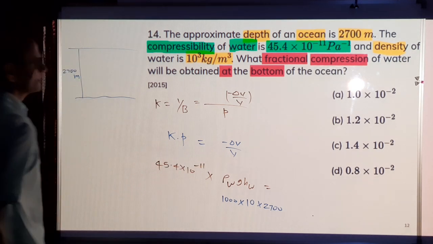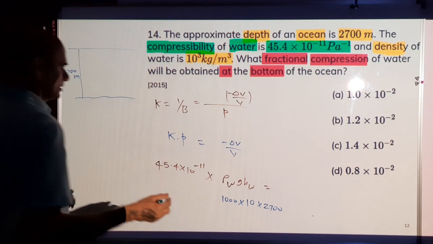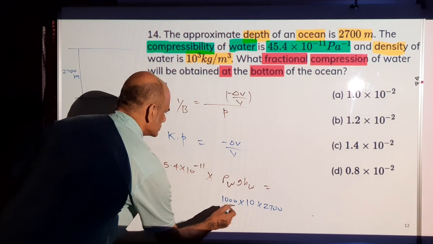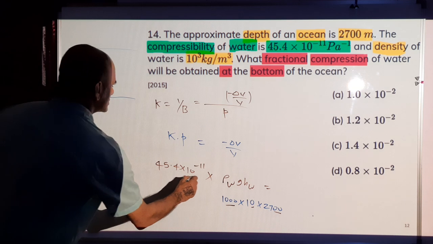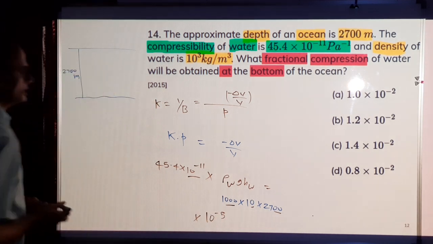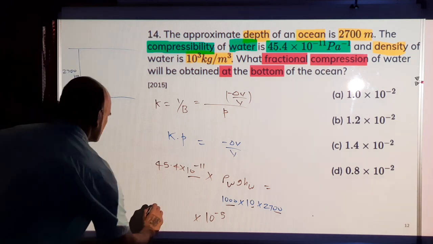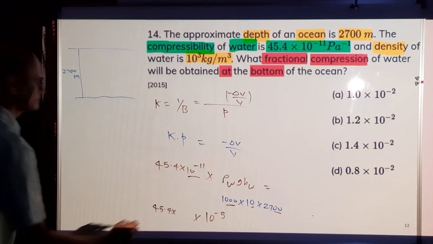That will be delta V by V with the minus sign. So 1000, 10 here, 10 here. So 10 raised to 6 with this thing will give me 10 raised to minus 5 into 45.4 into 27.